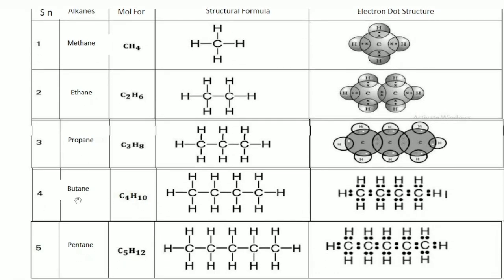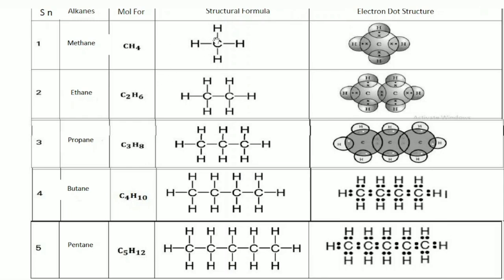In alkanes, the suffix is always ane. In alkene the suffix is ene. In alkyne the suffix is yne. So first is methane, molecular formula CH4. Alkane means single bond, so everywhere single bond.